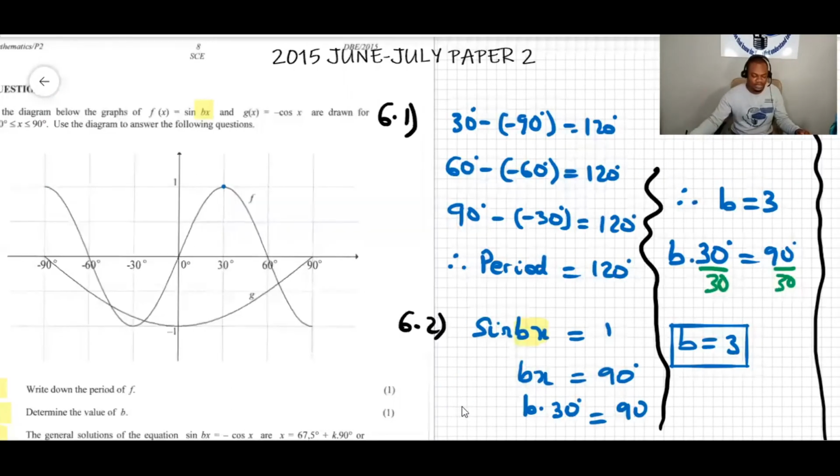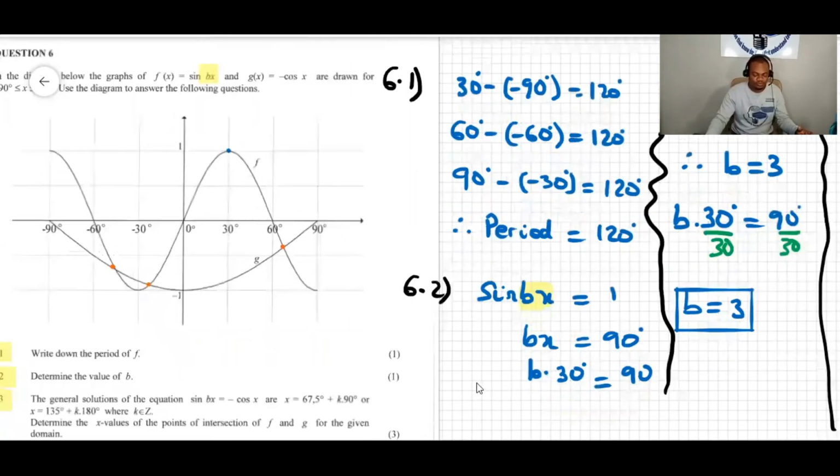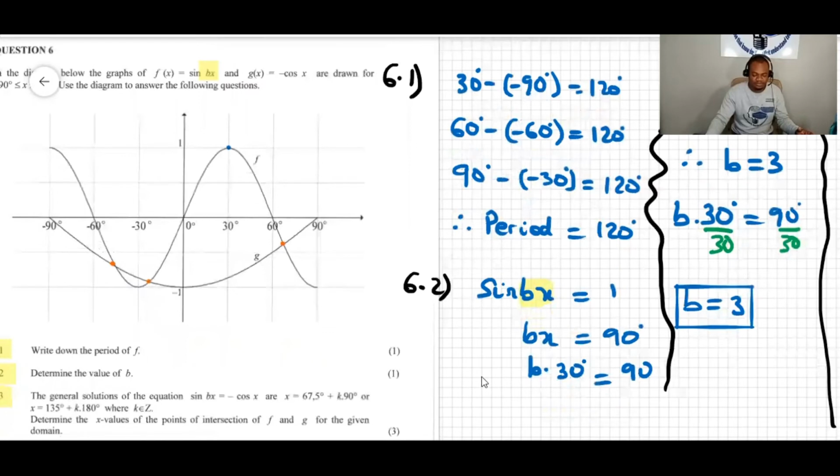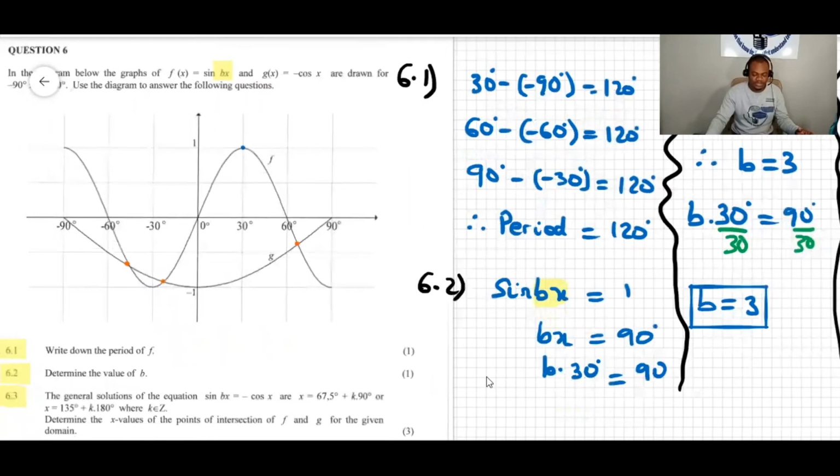You can see that there are those values, this one, that one, and that one also. So we have 3 points of intersection here. We cannot just estimate and say it must be this, but we need to work them out. So what can we do in this situation?